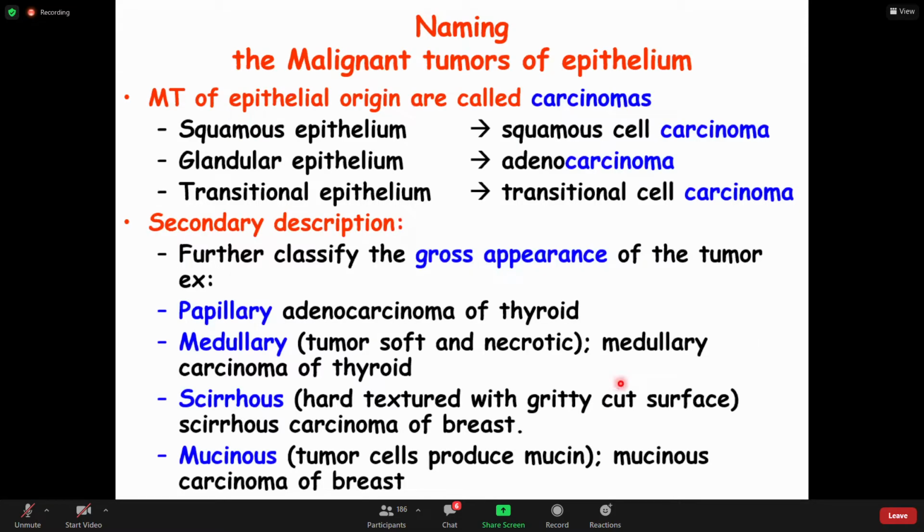Now, that's not really the end of the story, because there are other features the tumor may have. For example, some tumors may be cystic, so you have to add cystic adenocarcinoma. Some of the tumors may be very soft, as a result of necrosis. So in this case, you will add medullary carcinoma.